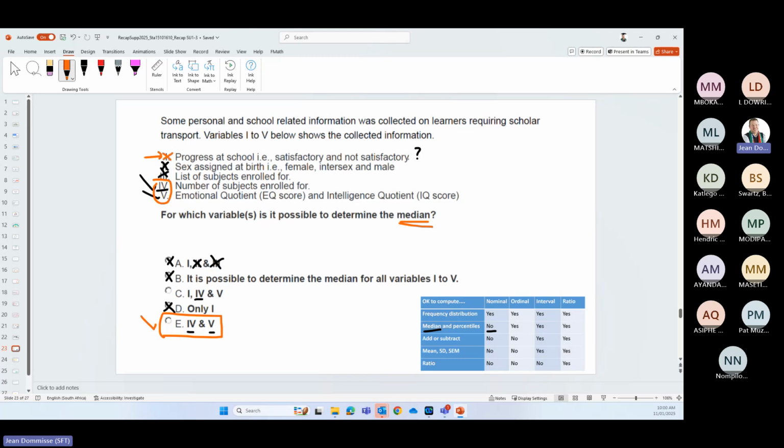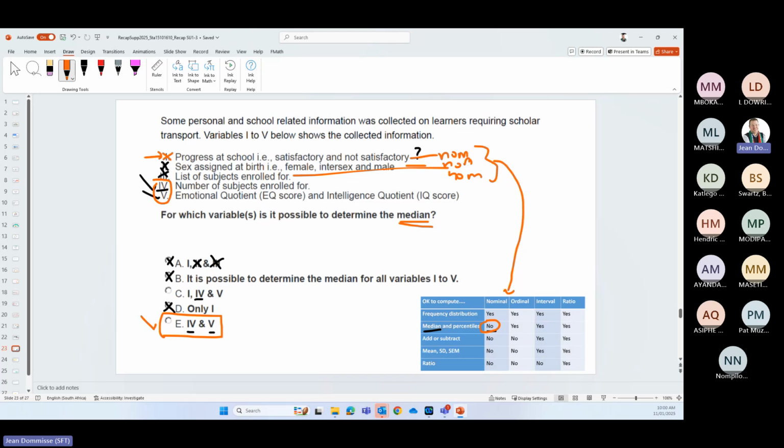So that one is nominal. That one is nominal. And that one. So all 3 of these are nominal. And if you go to the nominal, you can't do the median with nominal, but you can do it with the interval and the ratio.